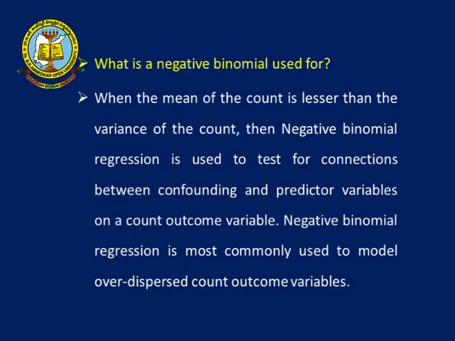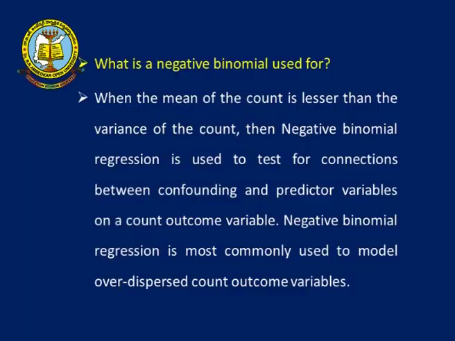What is the negative binomial used for? When the mean of the count is lesser than the variance, the variance meaning the spread, the mean is lower than the variance. The negative binomial regression is used to test for connections between confounding and predictor variables on an outcome variable.